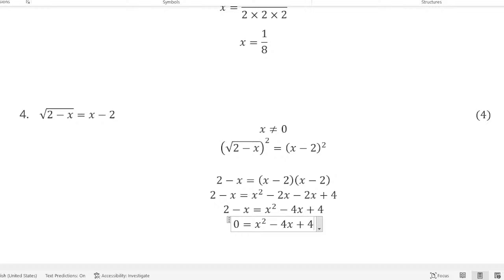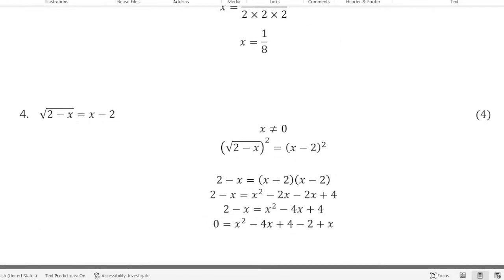Then remember, when you're transposing, the sign changes. So the 2 was positive, now the 2 becomes negative, minus 2, right? Then the negative x is going to be positive x. So here we have 0.